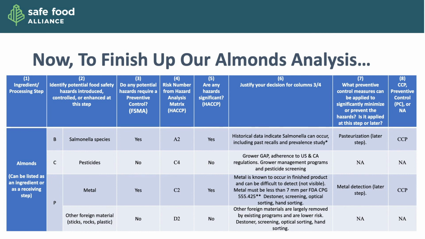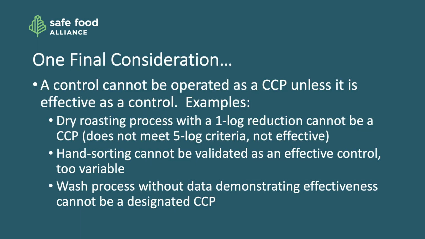As we can see in our example here for almonds, the pasteurization at a later step will be a CCP, in this case to control for salmonella. For the metal, we're going to have metal detection at a later step in the process. And for the non-significant hazards, columns 7 and 8 are really not applicable because we've already stopped at the prerequisite program side.